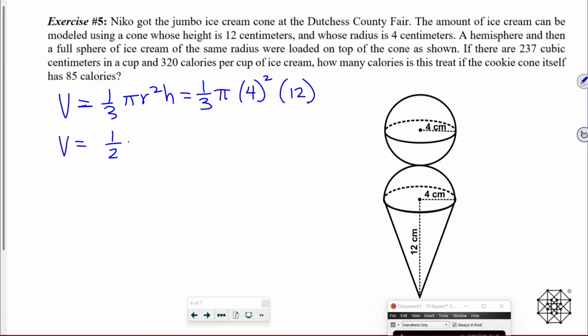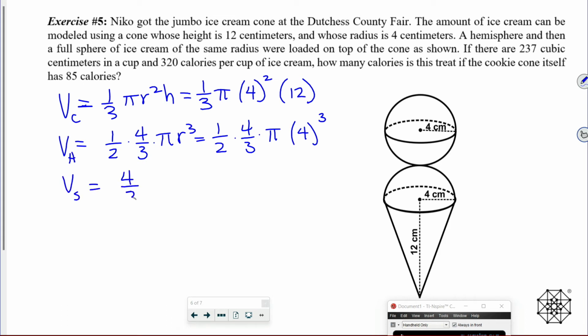That's going to be 1/2 times 4/3 times pi r cubed. So that's going to be 1/2 times 4/3 times pi, everything's got to have a pi in it here, times 4 to the third. And then finally, so this is my cone, this is my hemisphere, and then my sphere, that's maybe going to be one of the easier ones.